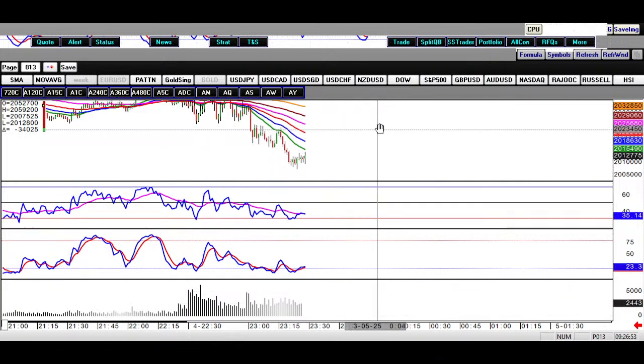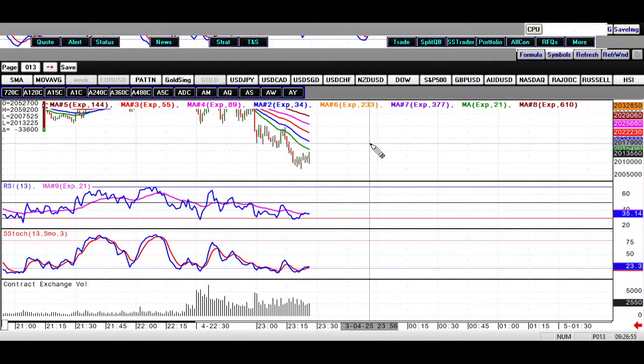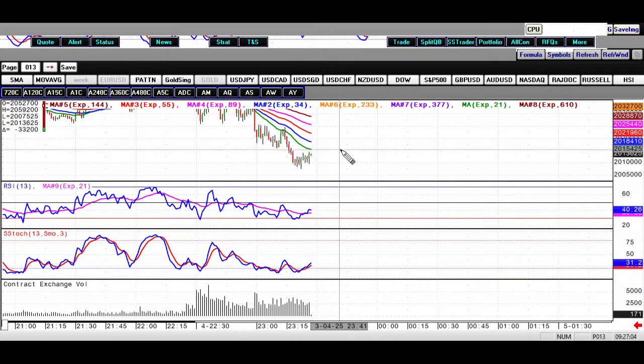Okay, we are not seeing this stability as we expected. We still have 3 more minutes. So let's see whether this has got strength.